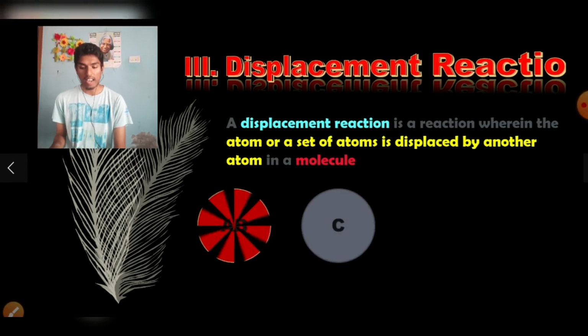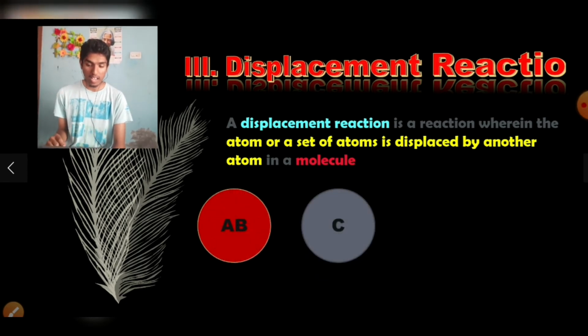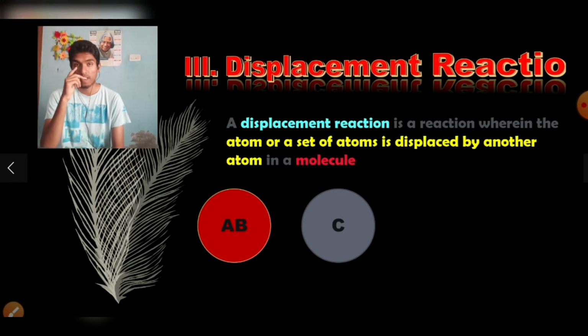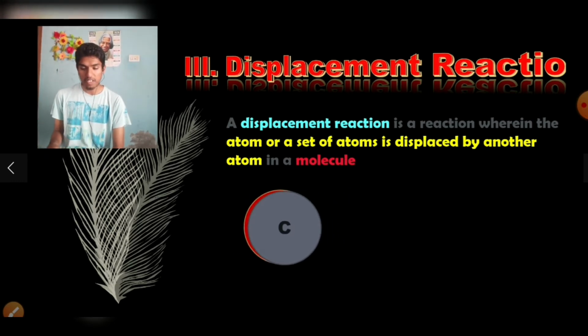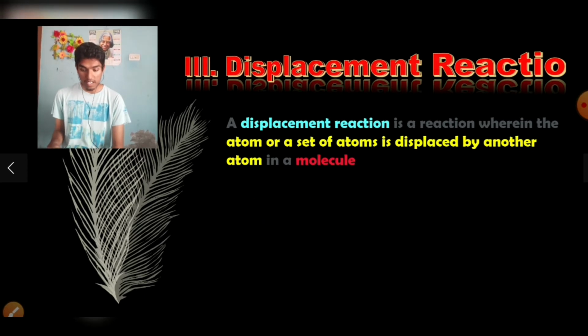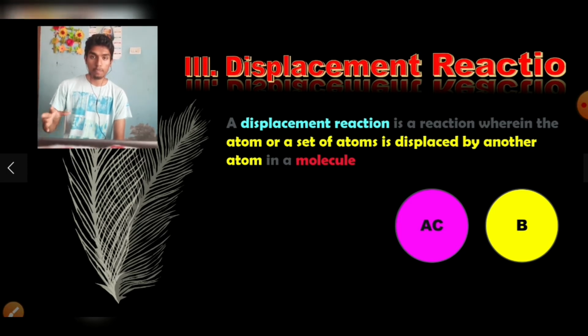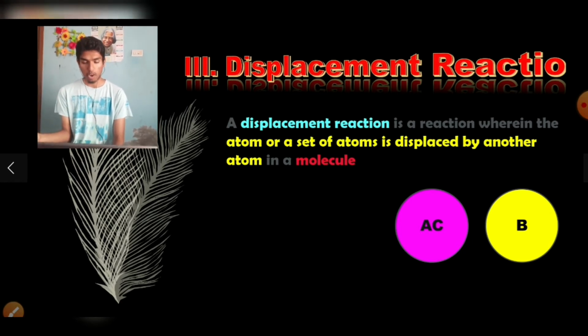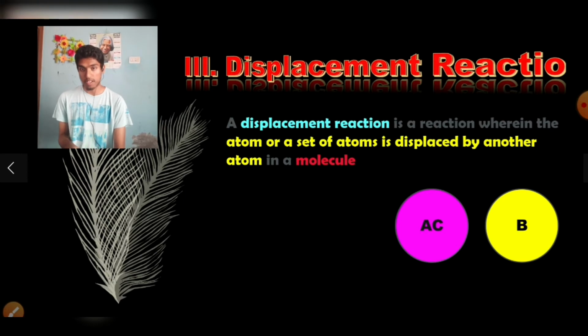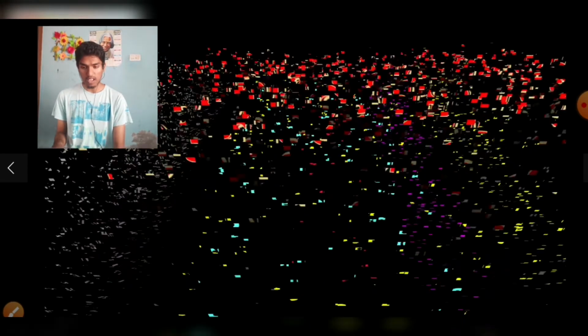So basically again I am taking the same AB and I am taking another molecule C. Now I am reacting these two molecules with each other. What happens is C replaces B in the molecule of AB and a new product AC is formed. So the B which was displaced in AB comes out as a separate product. This is how a displacement reaction works. The examples of displacement reaction are these.